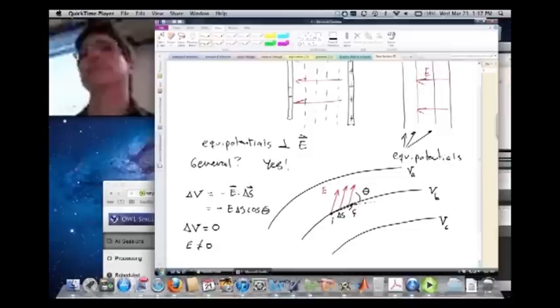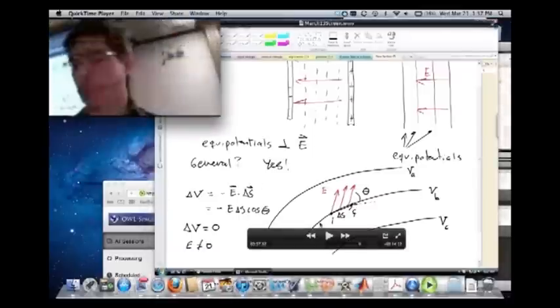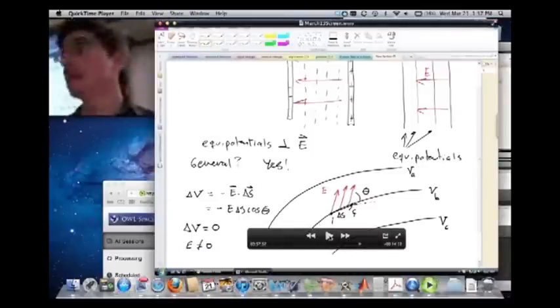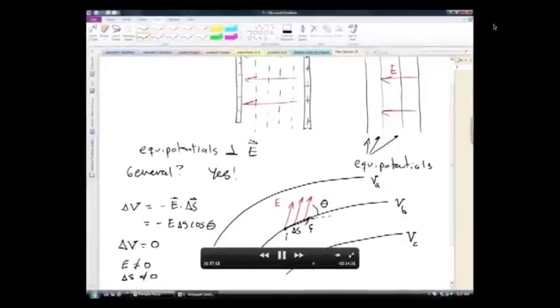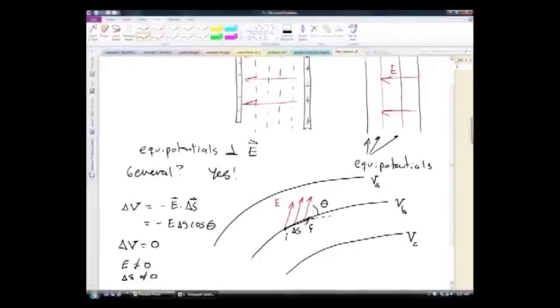Now the electric field cannot be zero. I move from I to F some finite distance, so delta S is definitely not zero. So the only conclusion, the only possibility is that for this quantity to be zero, the cosine of the angle has to be equal to zero. No other way.